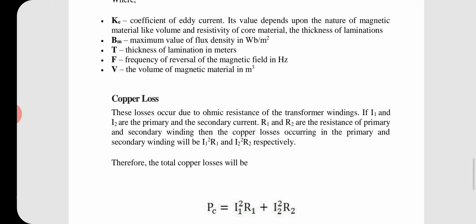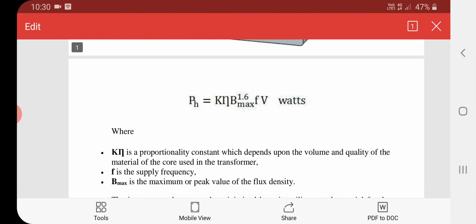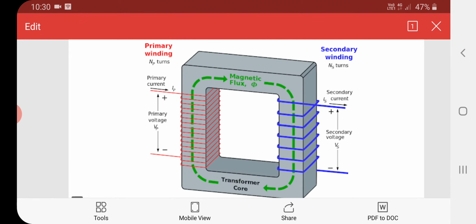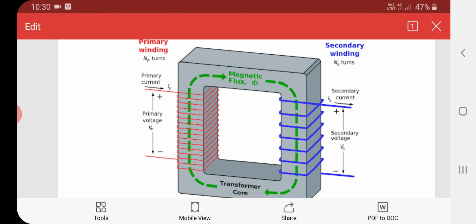The transformer actually has two electric circuits. With the same diagram we can see that it has a primary winding and a secondary winding, and both electric circuits have current flowing in the winding.